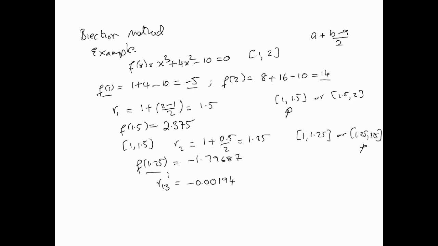That's not the root, that's f of R13. Now remember, what's our objective? Ideally, we want f of Rn to be 0. But in this case, it's minus 0.00194. The negative sign has no relevance here. It's the size of the value. The smaller this value is, the closer it is to the answer.